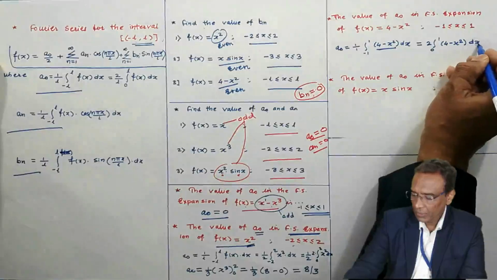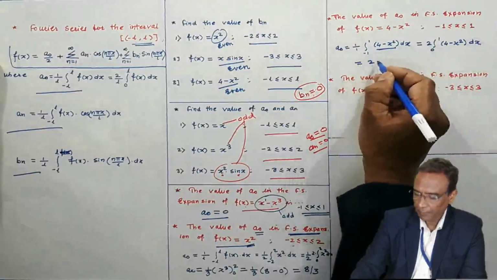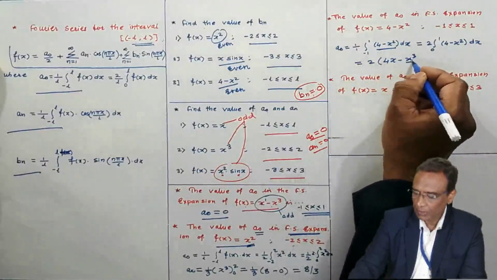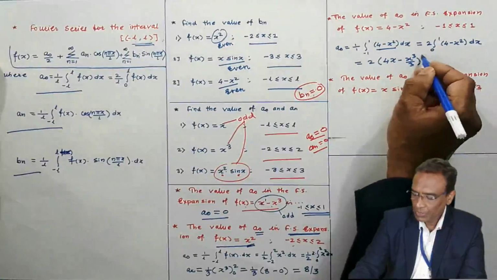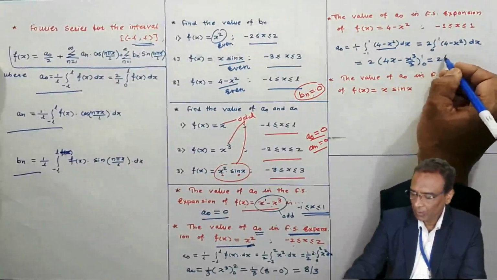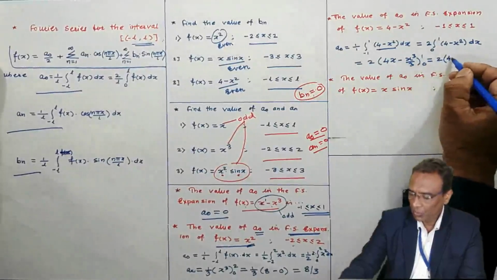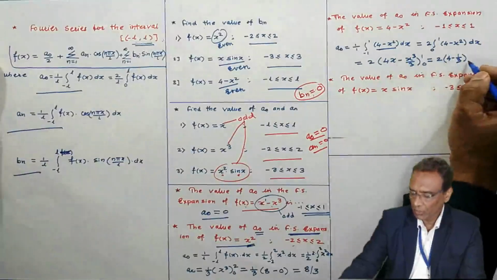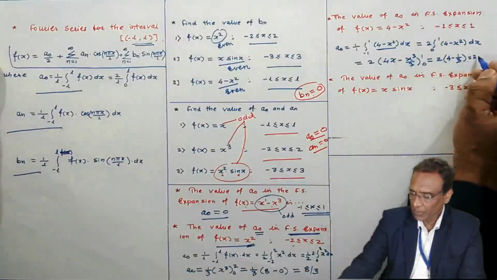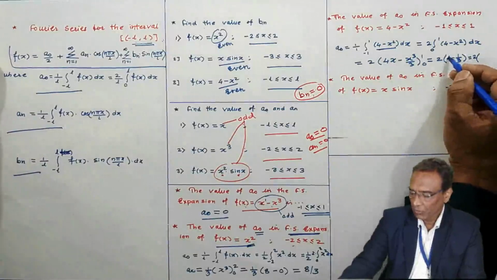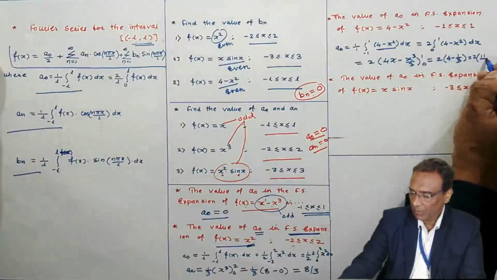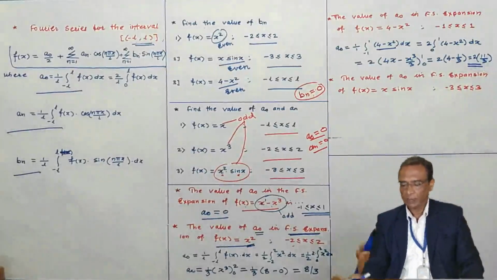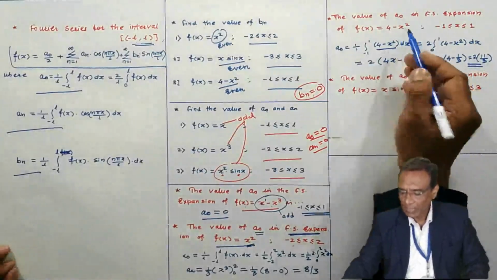Take the integration: integration of 4 is 4x, integration of x square is x cubed by 3, lower limit is 0, upper limit is 1. Put x equal to 1, it means 4 minus 1 by 3, and put x equal to 0, you will get 0. Upper limit minus lower limit, 2 times, and what is it? 12 minus 1 is 11 by 3, means 22 by 3. 22 by 3 is the value of A0.